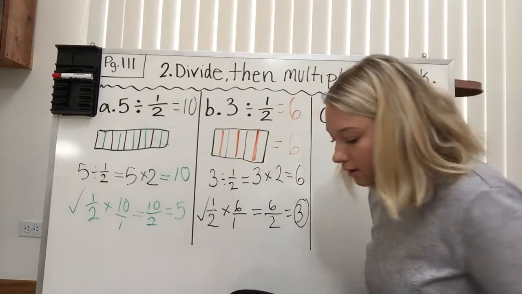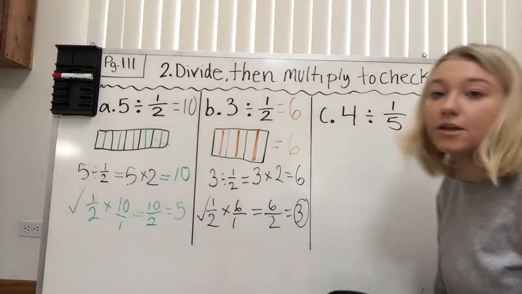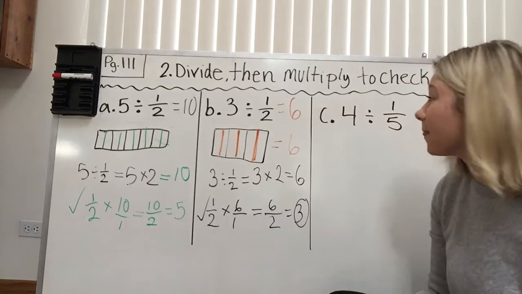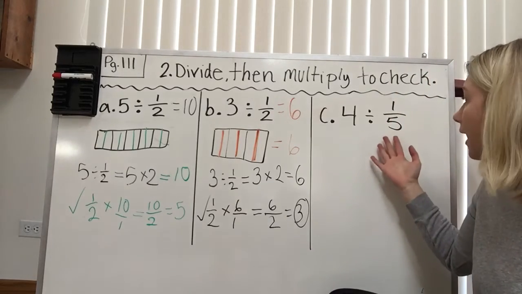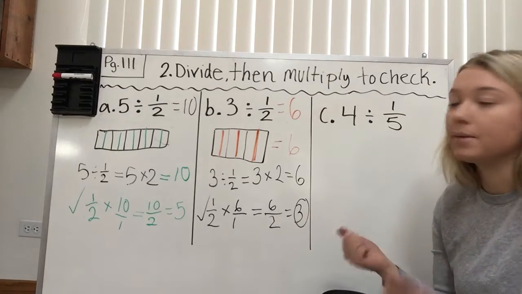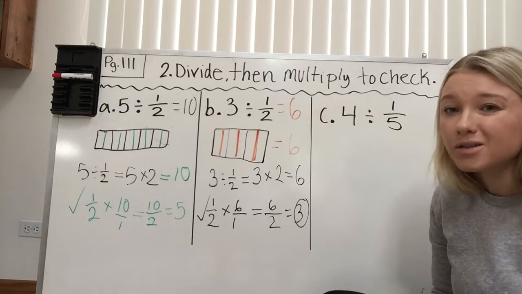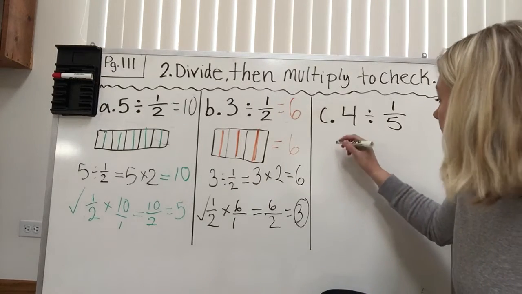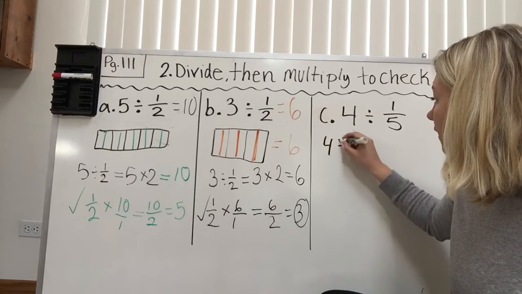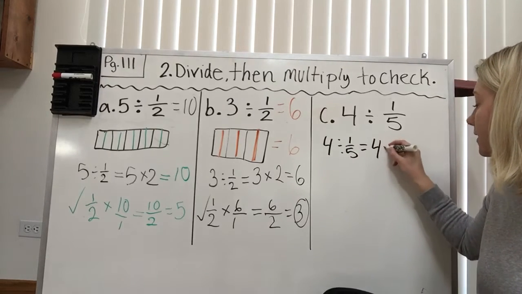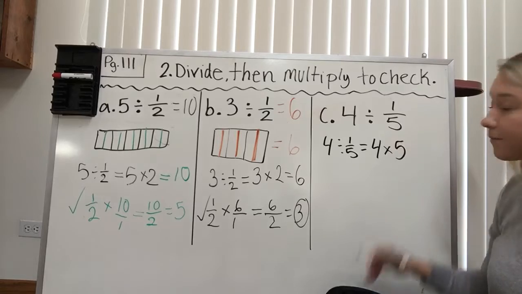Okay, so this next one's a little different. It says 4 divided by 1/5. So these numbers are a little higher, or 1/5 is more pieces. It'll be more pieces than just into half. So I don't really want to draw that one, so I'm just going to do, I know 4 divided by 1/5 is equal to 4 times 5.